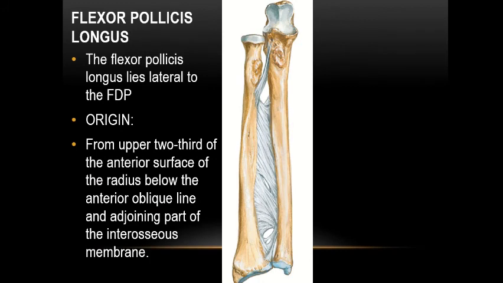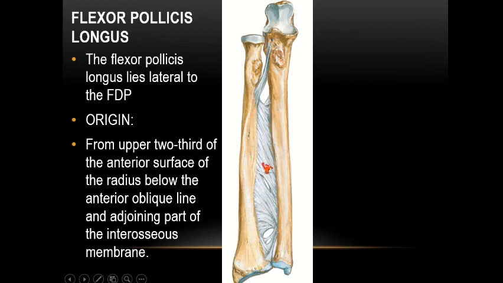Then the other muscle is flexor pollicis longus. This flexor pollicis longus lies lateral to the flexor digitorum profundus. Origin is from the upper two-thirds of the anterior surface of the radius, and also from the interosseous membrane.